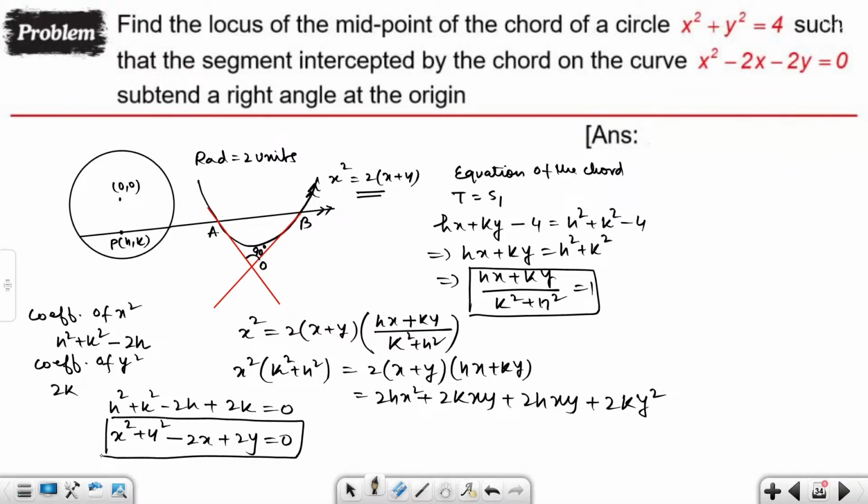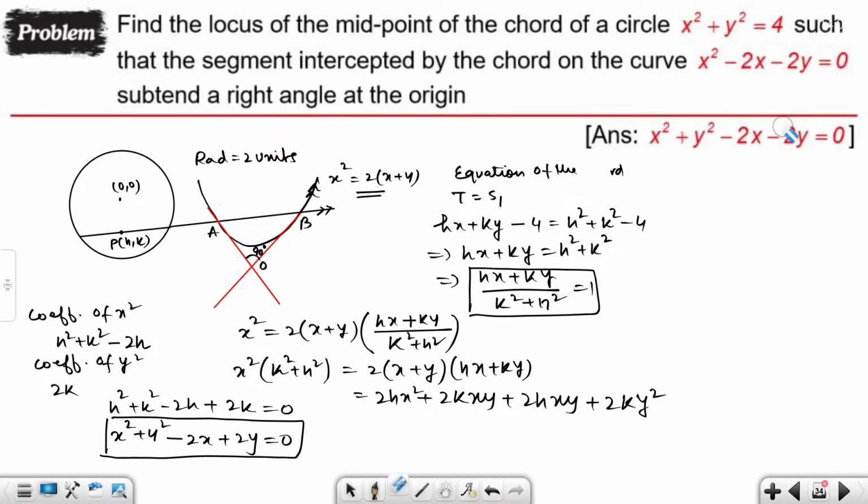So, can you see? If you remember how to homogenize an equation, and whenever in the question they are saying that these two lines are subtending some angle at the origin, then we will always go for homogenizing that equation with respect to that line. And the thing becomes very simple. Is it clear to all of us?